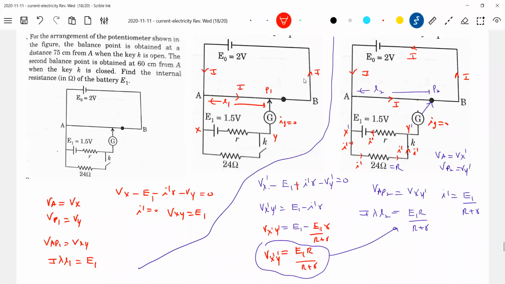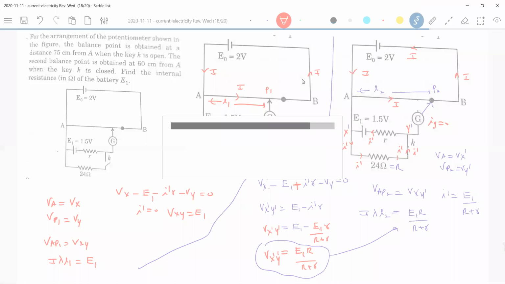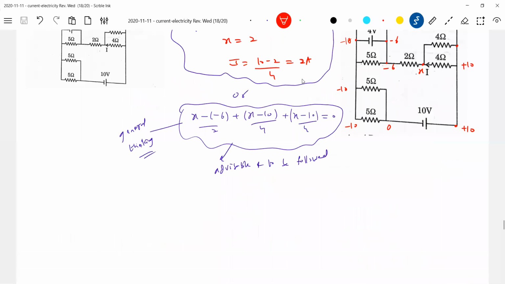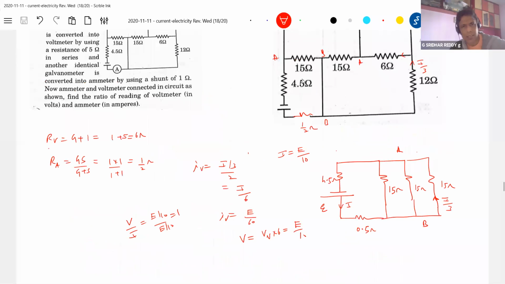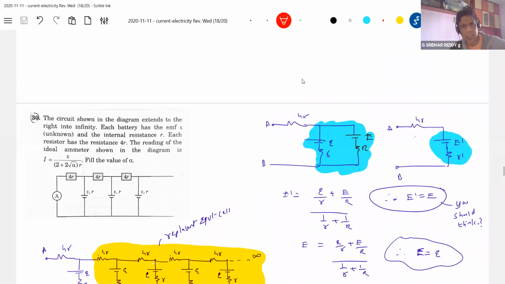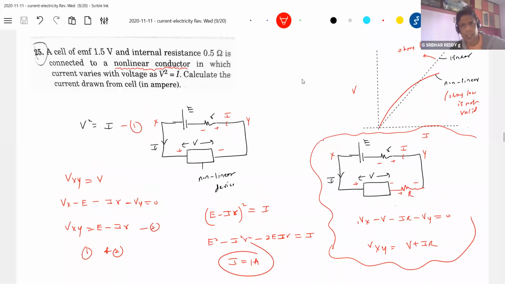Sir, can you open the non-linear conductor sum, sir? Fine. Yeah, thank you. Non-linear conductor. Where is it? Okay, yeah.